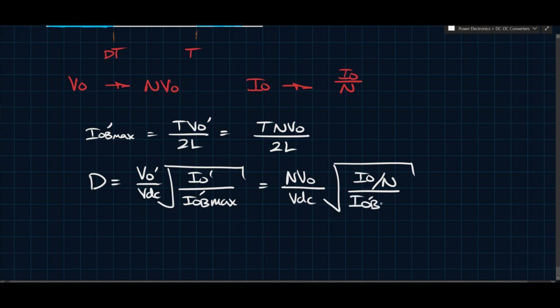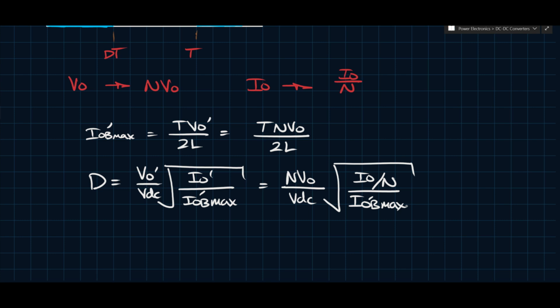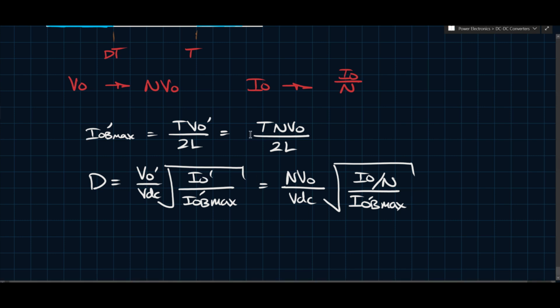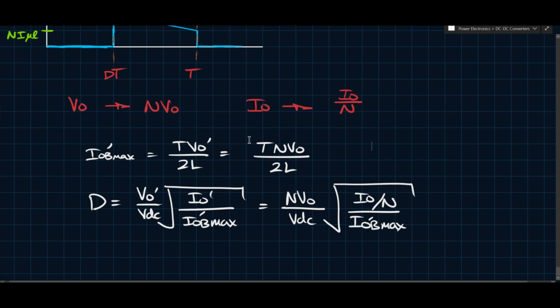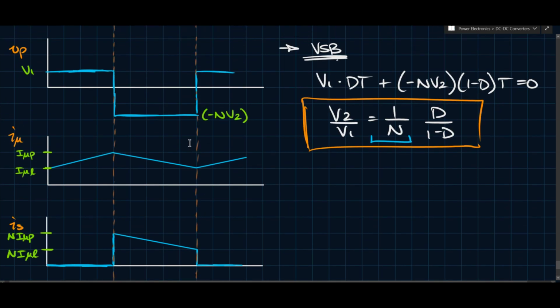I won't write it again here because that'll make it messy. IOB prime max there. So that allows you to use the exact same results that we've already developed, or if you know the buck boost, it allows you to conveniently analyze the flyback, and then you see that the transformer doesn't really add very much complexity. You just have to remember to make this adjustment whenever you're doing the analysis.